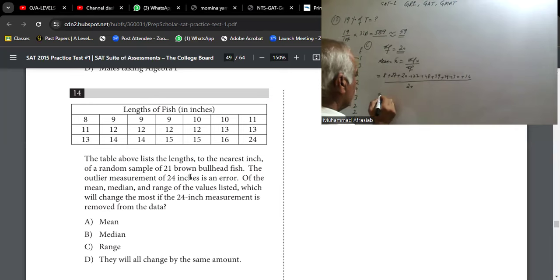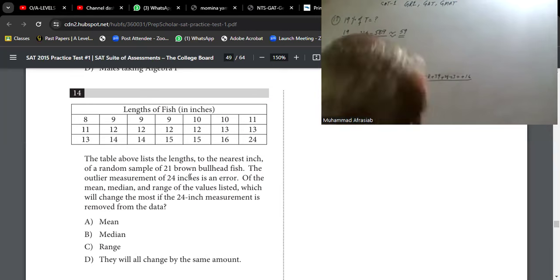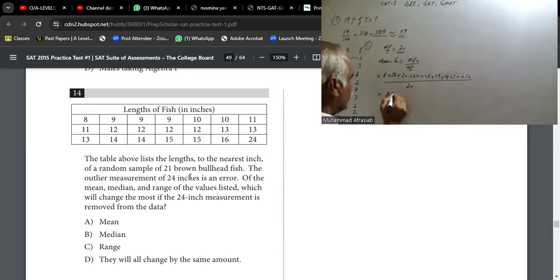After doing the calculation, we can see that the mean is 11.25, which is too high compared to the values of that.